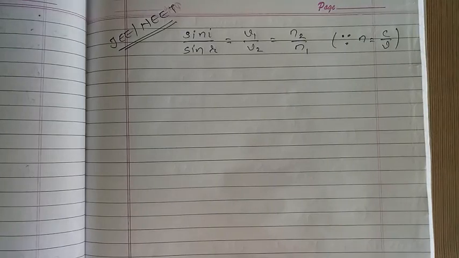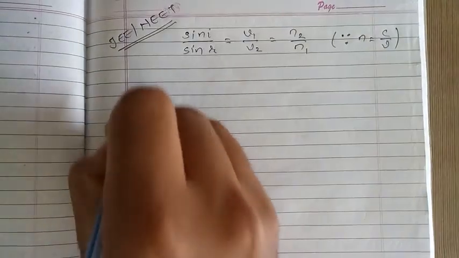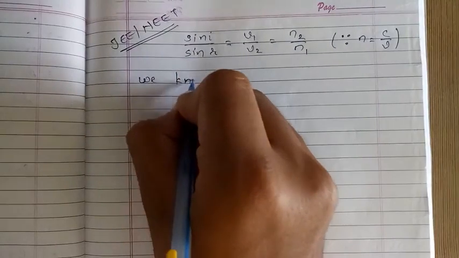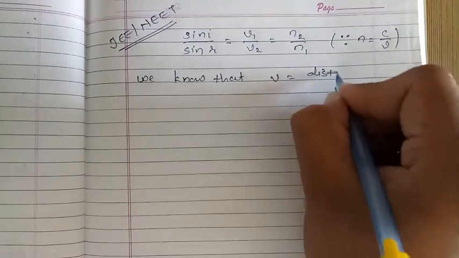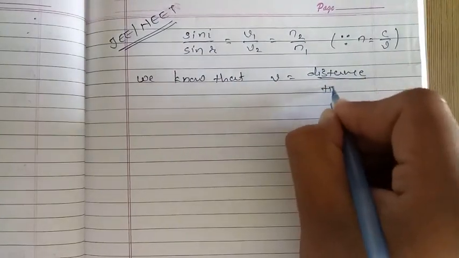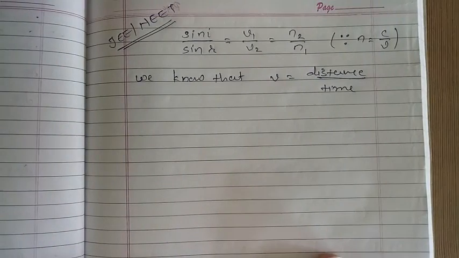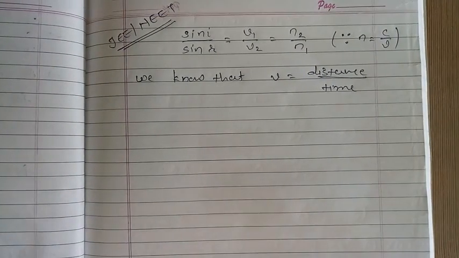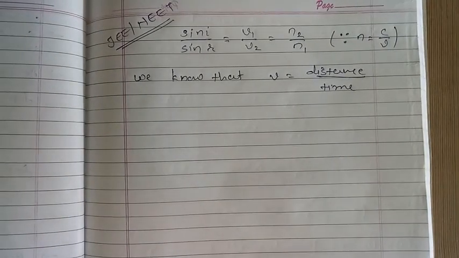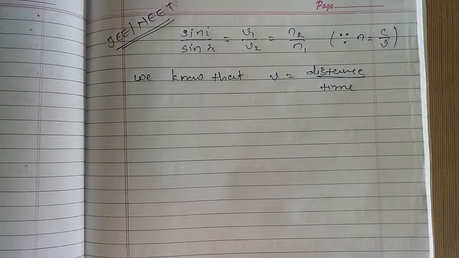Now, we know that velocity is equal to distance by time. Suppose there are two waves. The distance covered by a wave is the wavelength, which we denote by lambda.